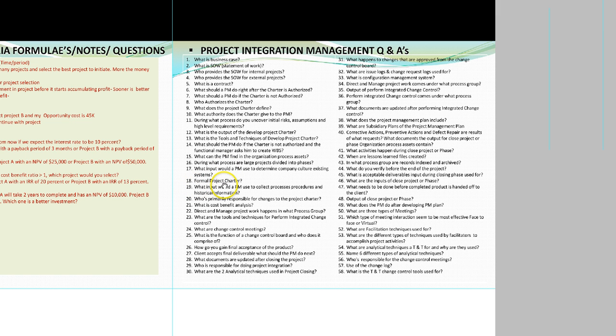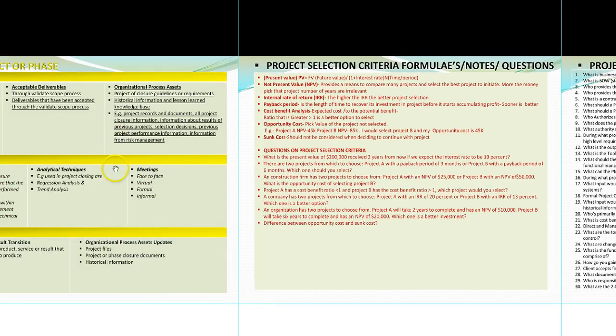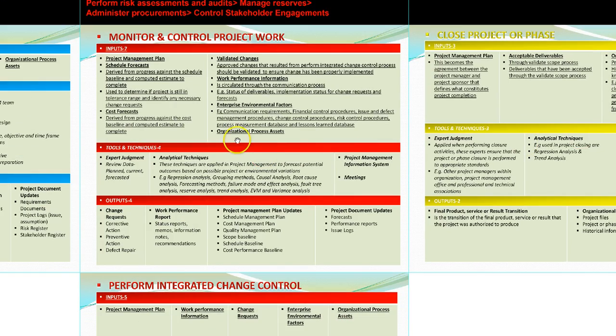What is the formal project charter? What is the output of close project or phase? What's the use of the change log? What is the tool and technique change control tools used for? What are the issue logs and change requests used for? What are change control meetings? So we'll be answering all these questions when I go a lot more in detail with project integration management.